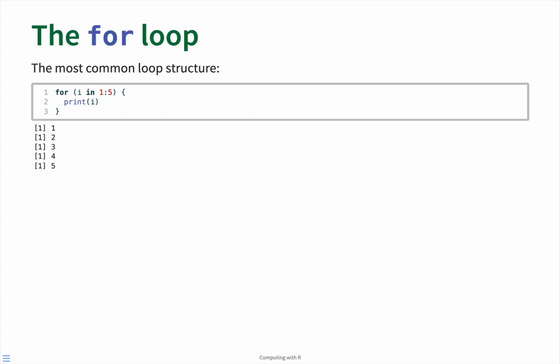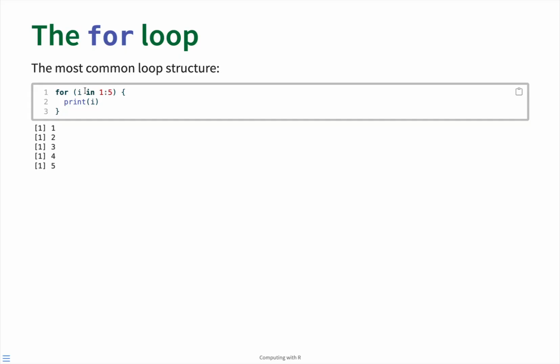So in R, the most common way to write a loop is as a for loop. You can see that in this example here. We have this keyword called for. We can't use it in R for anything else other than for running these types of loops. And after the word for, we have parentheses, and then we have this syntax where we say i in some series of values.